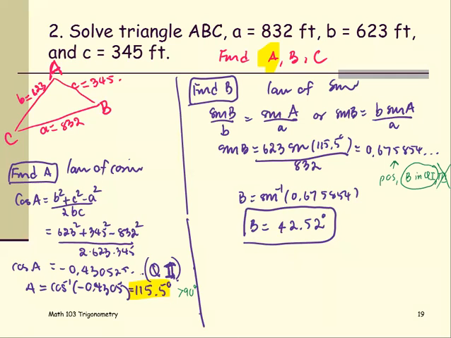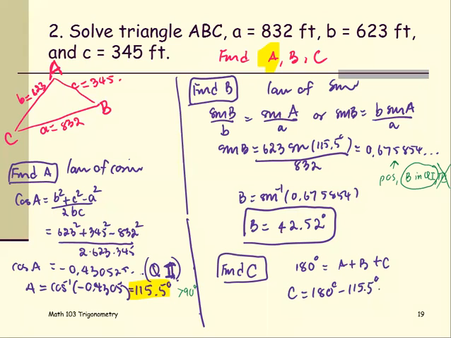Next, we're going to finish up by finding angle C using the relationship that all three angles combined equal 180 degrees. So angle C is 180 degrees minus 115.5 degrees, minus 42.52 degrees.